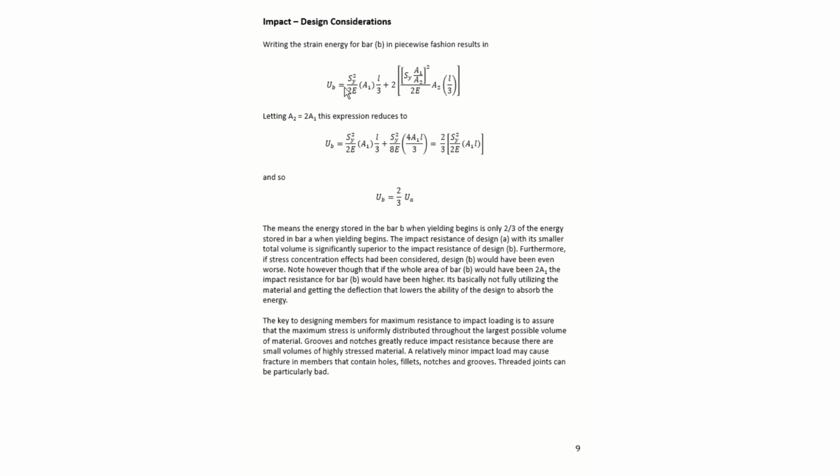Using that, we can write the strain energy for bar B in a piecewise fashion and get this result here, where we have the strain energy for the middle member. Our length is now L over 3, and then we have the strain energy of the two thicker members.